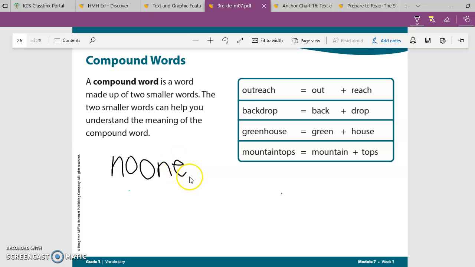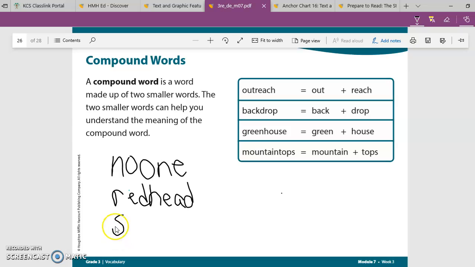So we had everyone earlier. I read that one to you. So here's no one. So that would mean not one person, no one. We have red head. That would mean you have the word red plus the word head, redhead, a person with red hair, a redhead.